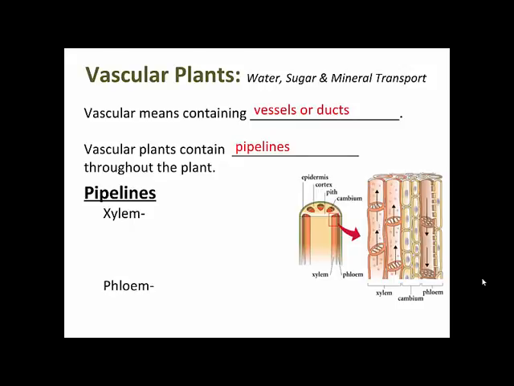So vascular plants have these little pipelines in the plant to transport material around. There's the xylem and the phloem. One transports basically water and minerals from the roots. The other transports sugars and things.